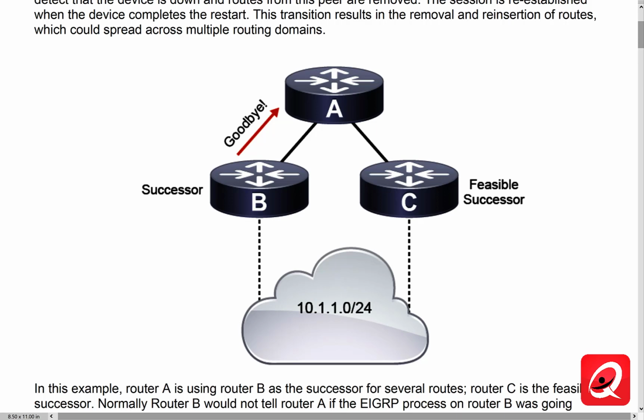And the whole point of the concept is to allow what we call a graceful shutdown. We can see that we have our successor route processor, which is our primary route processor. We have our feasible successor route processor, which is our backup route processor.